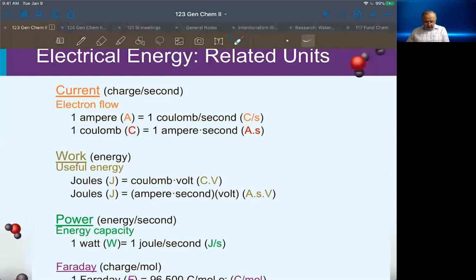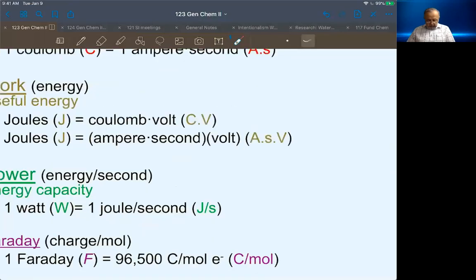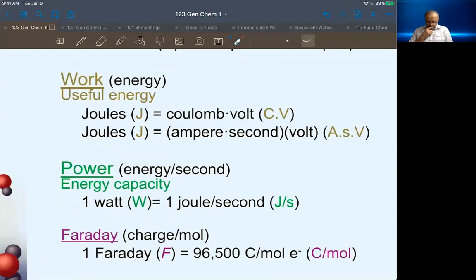Now, the other important concept is that of power. Power is how much energy is being used per second. So if you take the energy and divide it by the seconds, you have what is called the energy capacity. What is the capacity of the source of energy, in this case maybe the voltaic cell, to produce how much energy per unit of time?